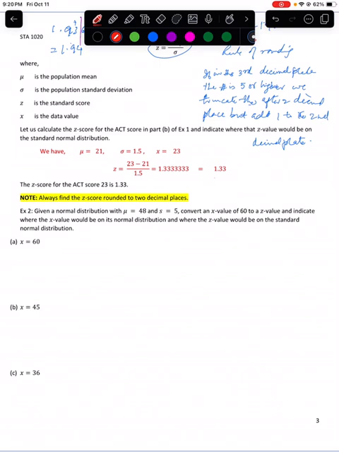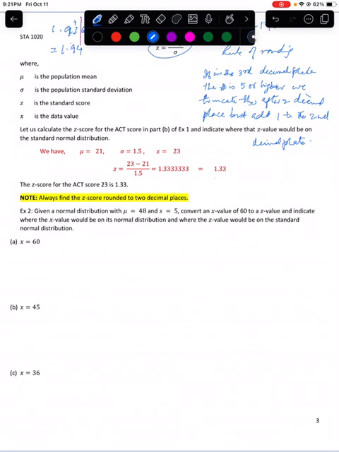Given a normal distribution with a mean of 48 and a standard deviation of 5, we will now calculate the z-scores.